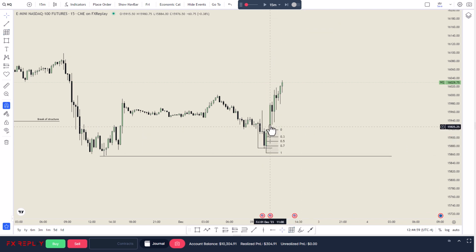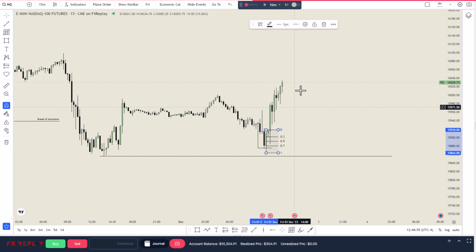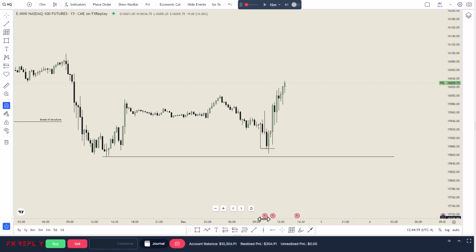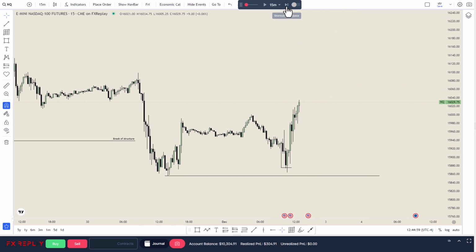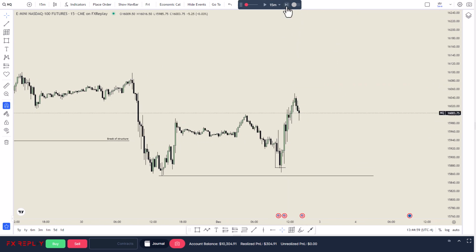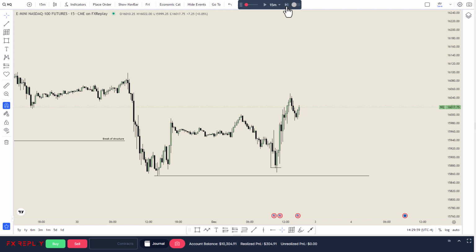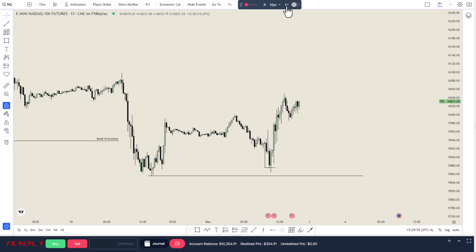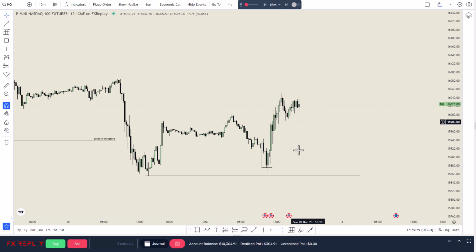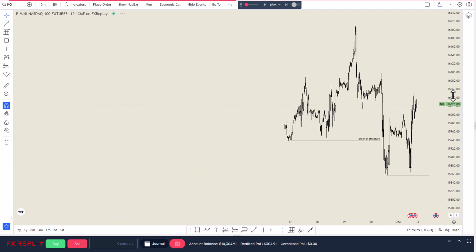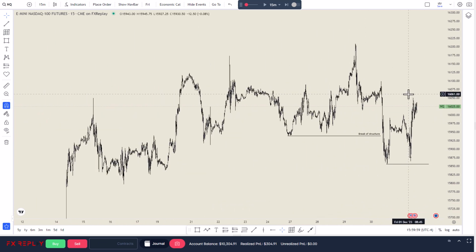The break of structure happened with this candle. All right, let's move price. And this would be the end of the trading session and the end of the week, right?